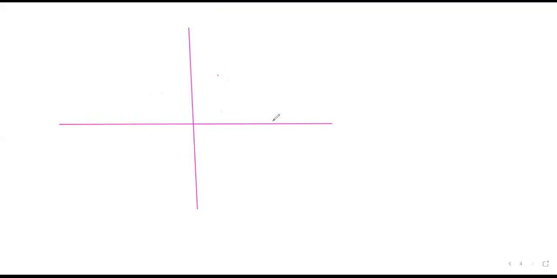forces acting. This has a magnitude of 15 Newton, acting due east.